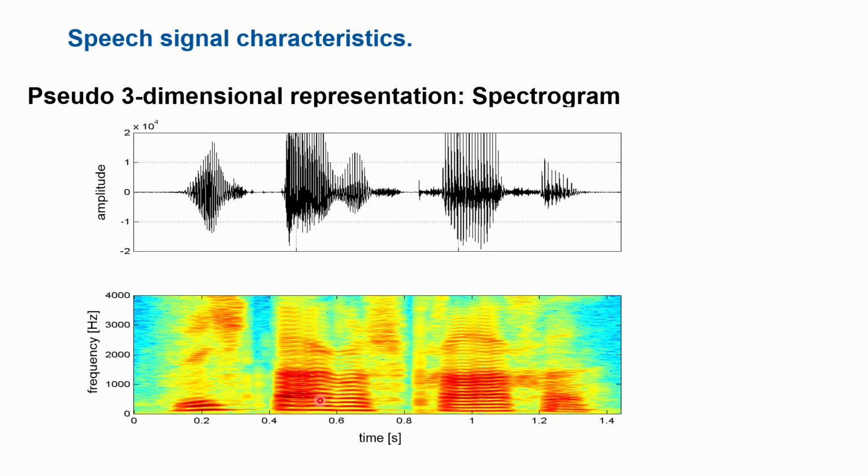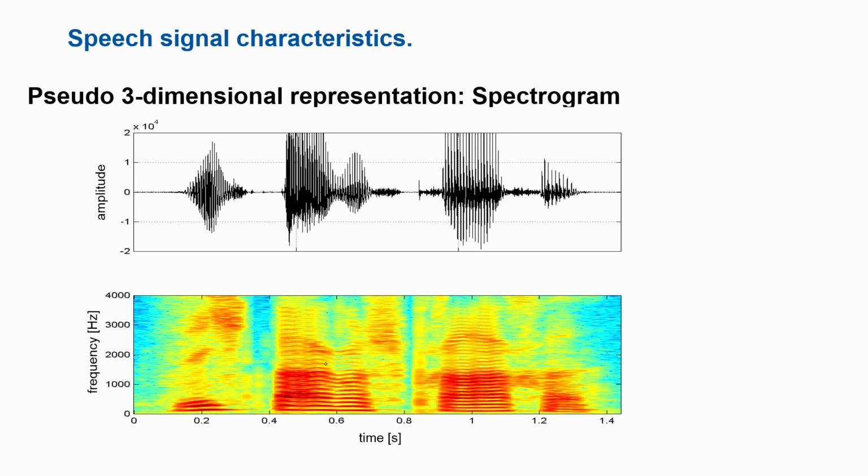So these have a distance of 125 Hertz, which also says to you that this is the speech signal of a male speaker. You can even see the more reddish areas here and here and here, which correspond to the formants. And you see that those formants change over time as we articulate.